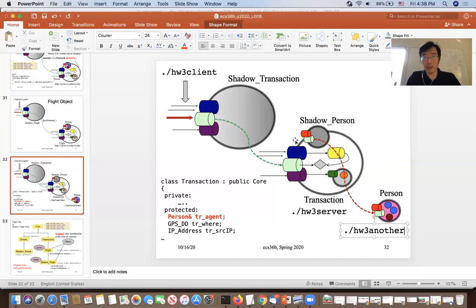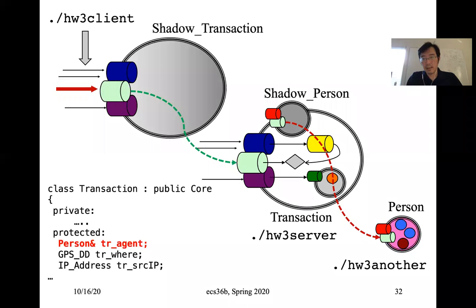Okay, I have 3 programs running on 3 different machines, maybe using 3 different port numbers, and they will cooperatively implement exactly the function that you have in homework assignment number 2.